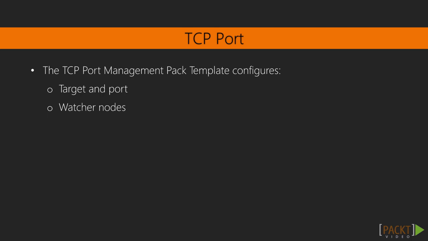You'll put in the target, either using the IP address or the NetBIOS name of the computer that you wish to monitor. The test button allows you to test the connectivity from the management server. And then as you walk through, you'll also configure the watcher nodes and select which agent managed computer is going to be used to perform the monitoring. You can also specify how frequently the test should be run. By default, the test is run from the watcher node every 2 minutes.